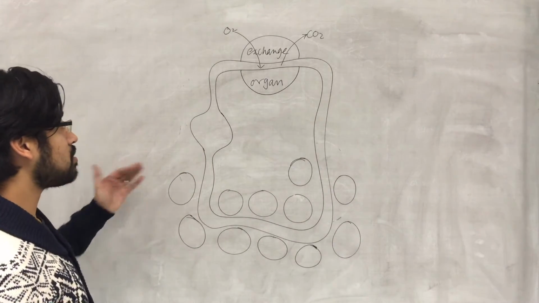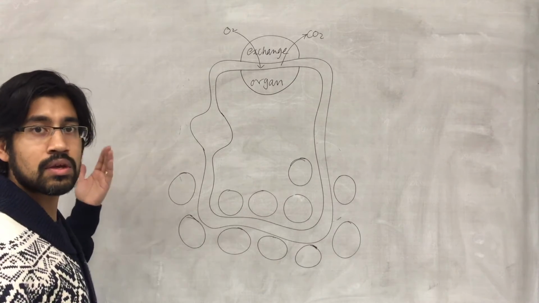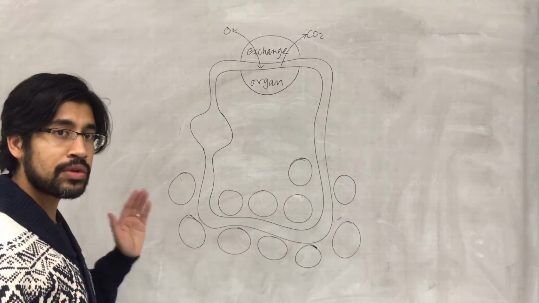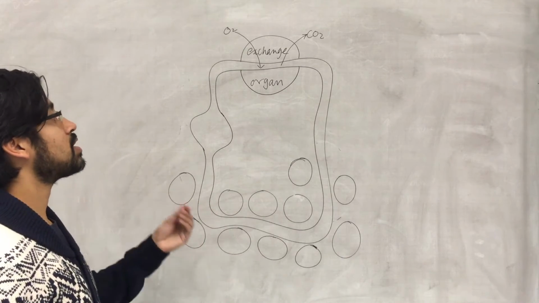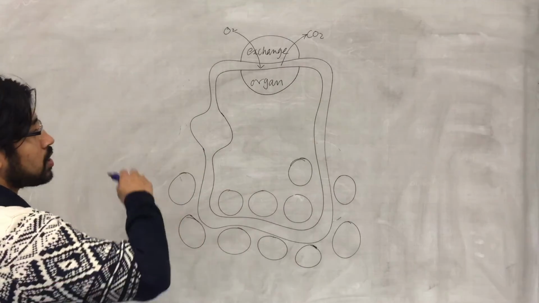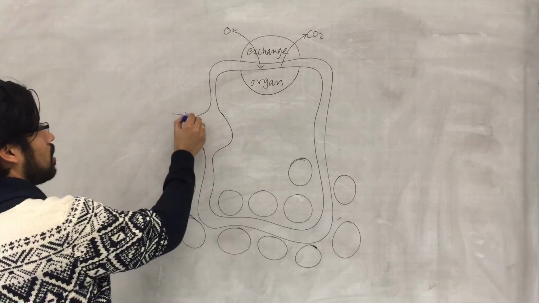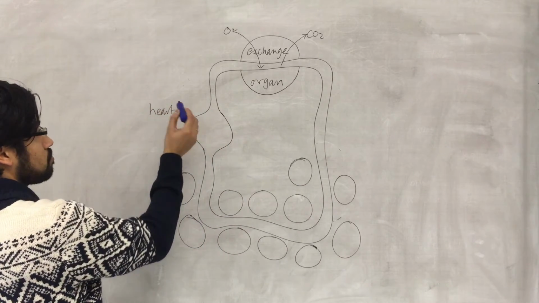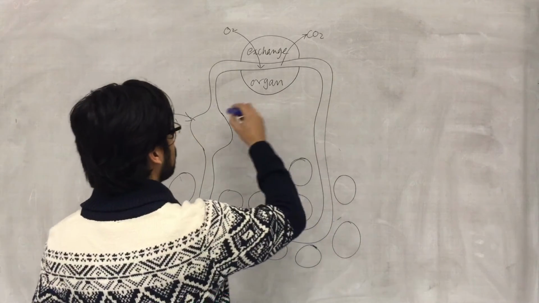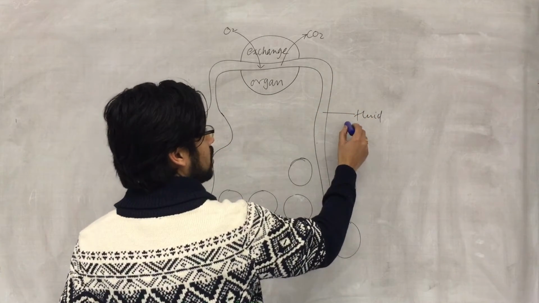So we saw for single cells how the simple process of diffusion was sufficient to supply and remove substances, and then we saw for very basic multicellular organisms how the open circulatory system was sufficient to supply and remove substances. So a closed circulatory system has as its basic components a heart, a pump, an organ. It has a fluid that acts as the transport medium.